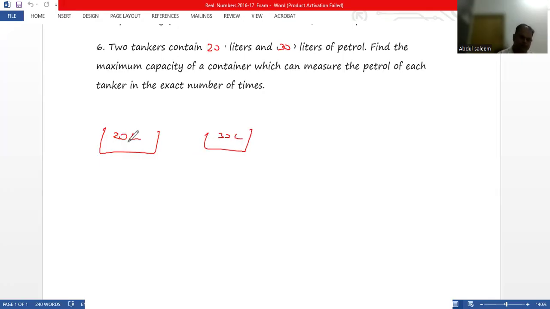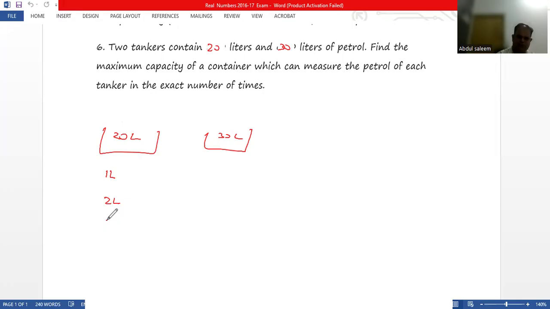So we have a 20 liter tank and a 30 liter tank. Using a 1 liter container, we can exactly measure 20 times, and here it is 30 times. If you use a 3 liter container, then 10 times we can finish the 20 liter, and 15 times we can measure the 30 liter.